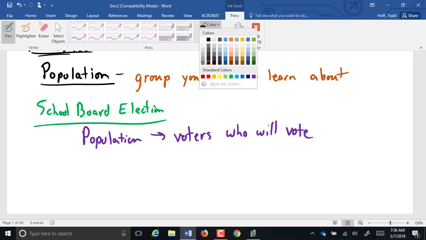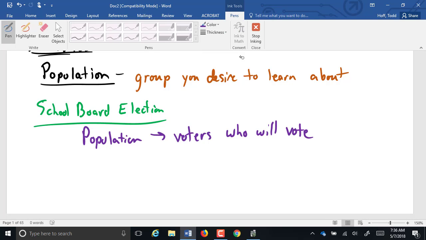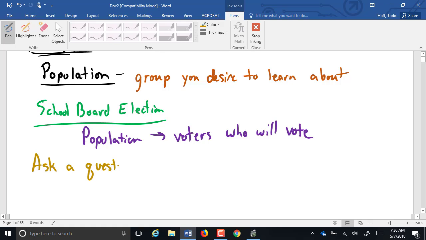So now when we do one of these studies, what we're asking is a question. So for that school board example, the question would be, who would you vote for?